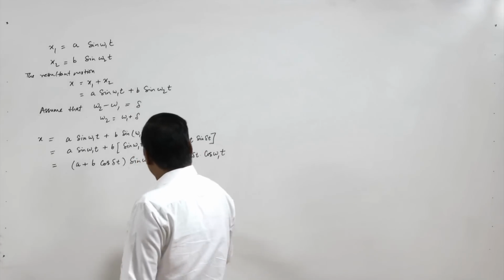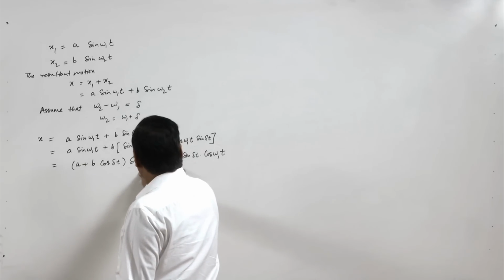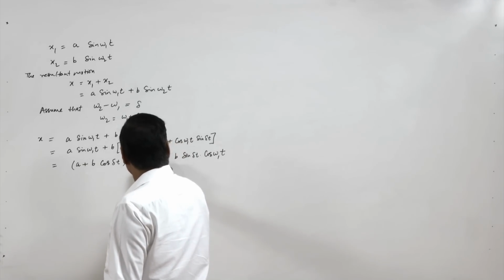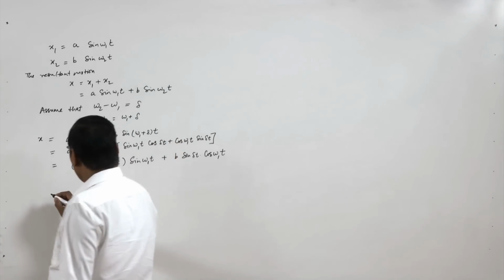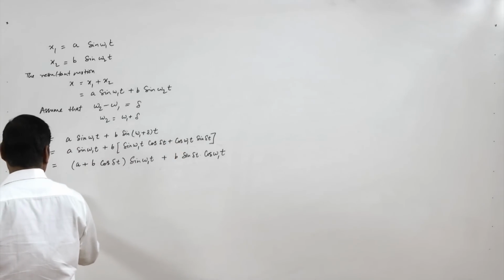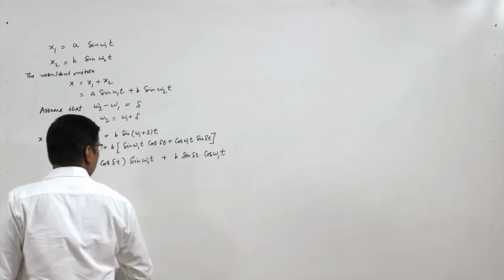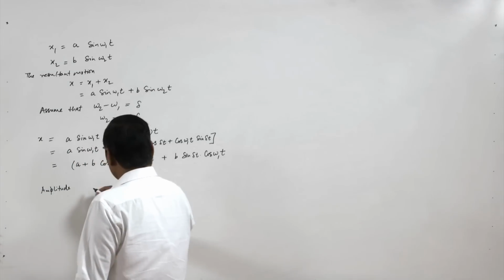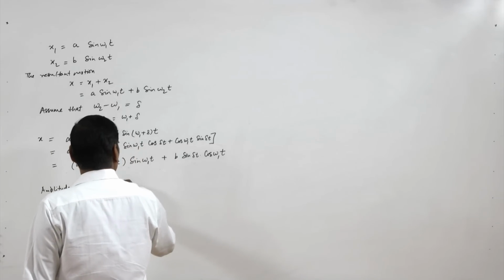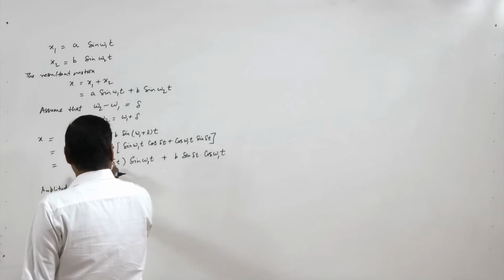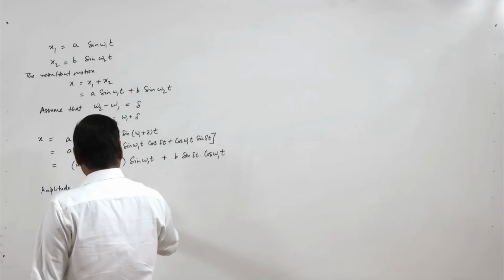So now we want to know the amplitude. And the amplitude will be equal to this square plus this square under root.